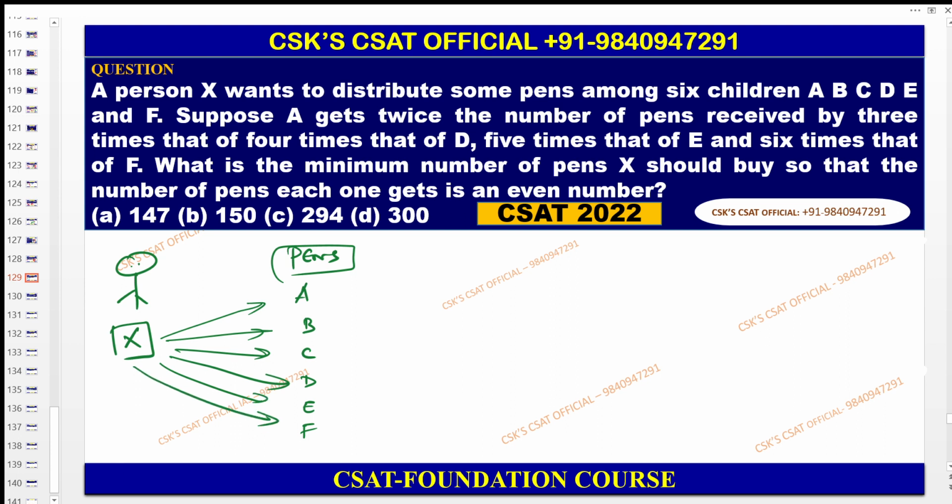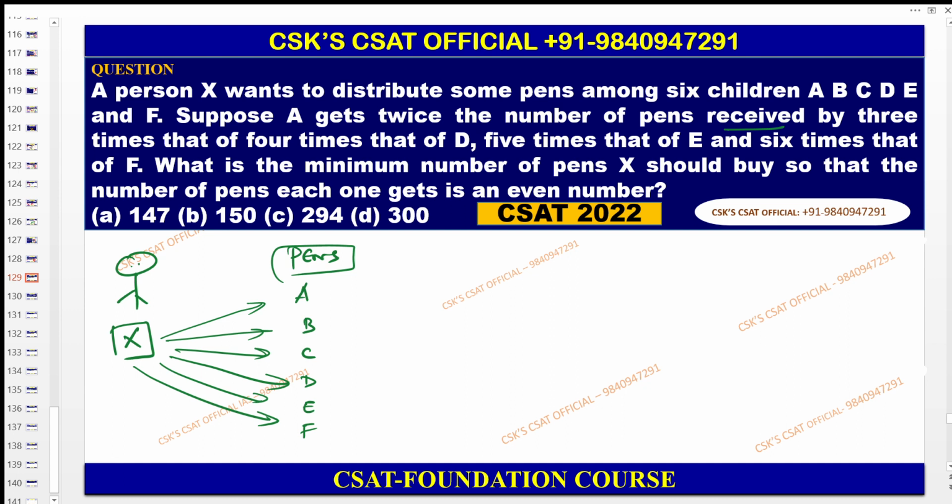Now next here: A gets twice the number of pens received by... So read it carefully. A gets twice the number of pens received by... 3 times that of... 4 times that of D, and 5 times that of E, 6 times that of F.